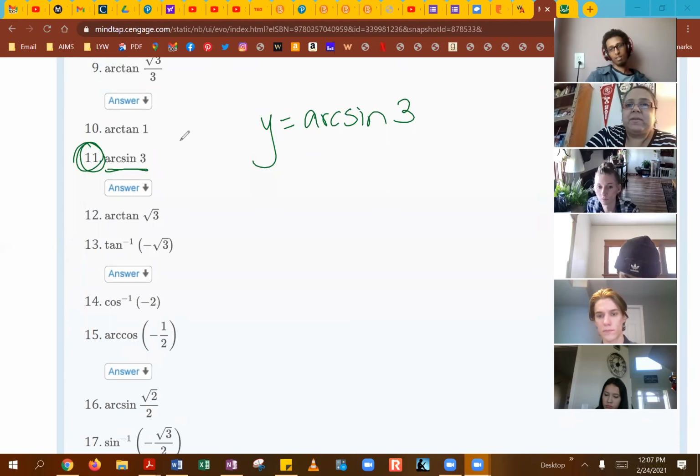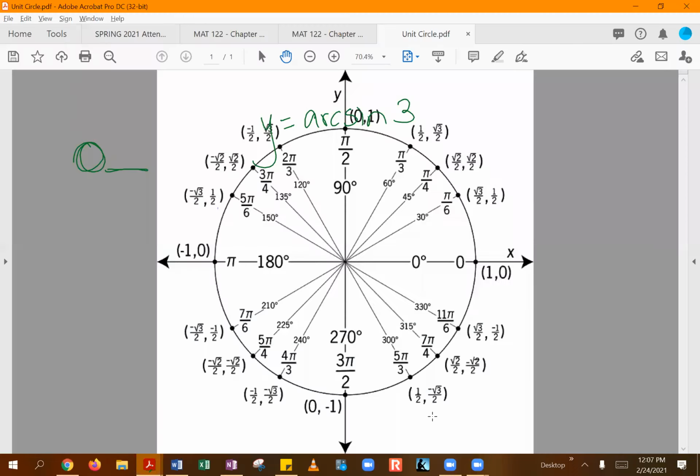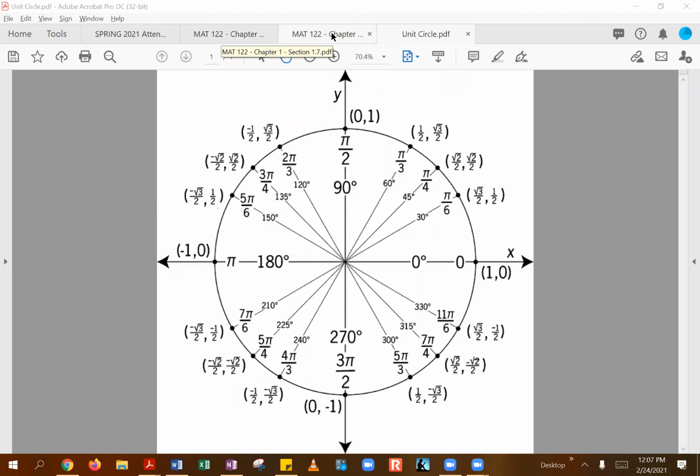Yeah, let's go back to our unit circle over here. I'm actually going to go ahead and clear this out. If you look at this, your y values are only going from +1 to -1, right? All of these numbers here are in between +1 and -1.